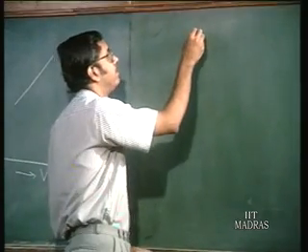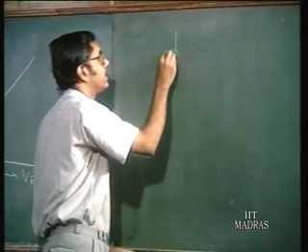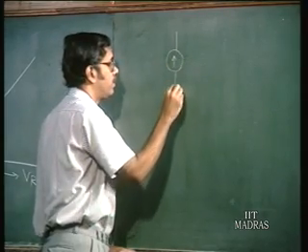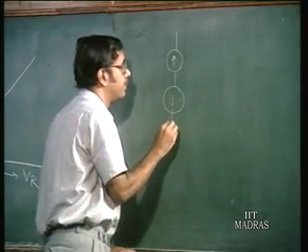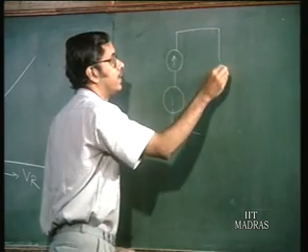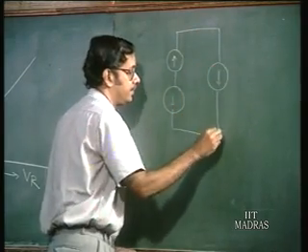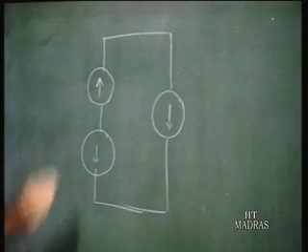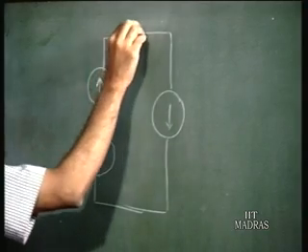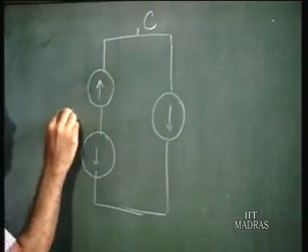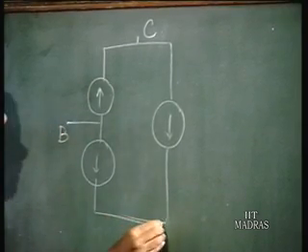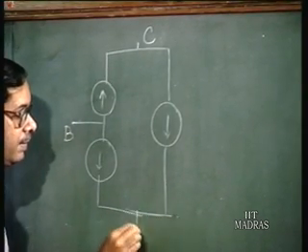We have already seen that the simple Ebers-Moll model of a transistor consists of 3 current sources. So, this is the collector terminal, this is the base terminal, and this is the emitter terminal.